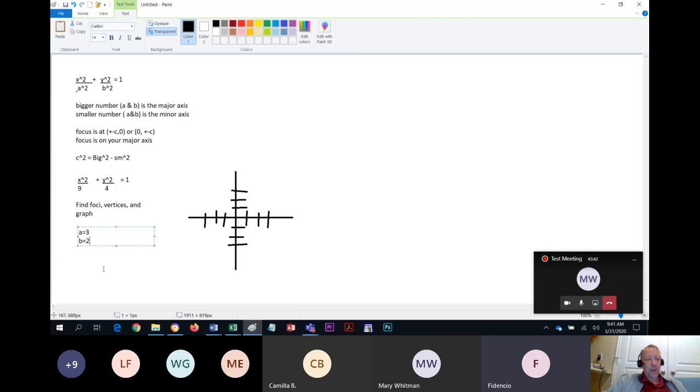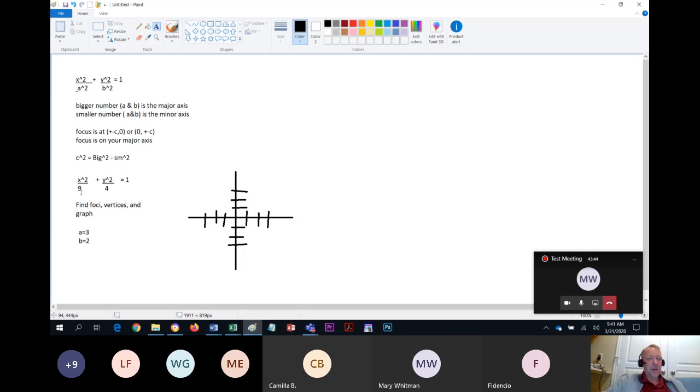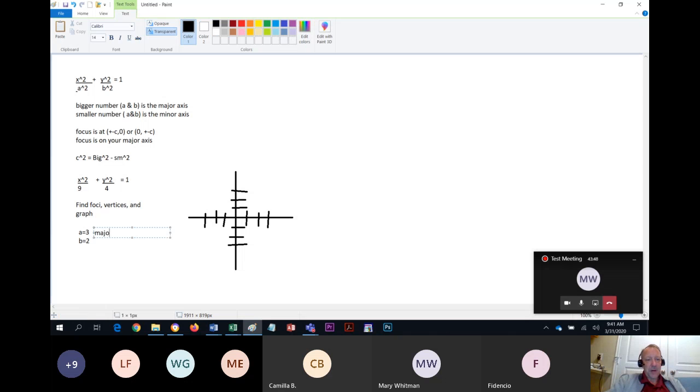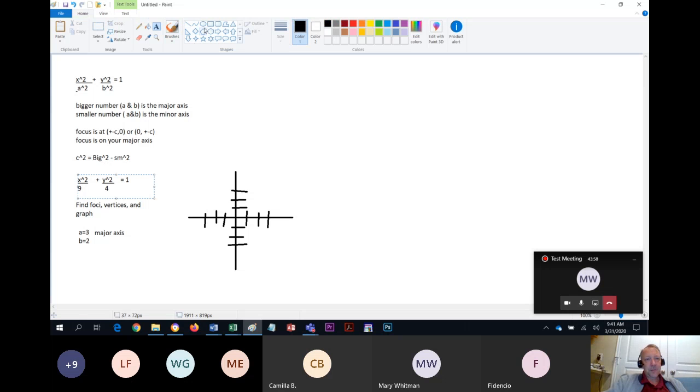In this case, my A is my bigger axis, so this is going to be my major axis. My major axis is on the x variable here. So I'm going to go out 3 and 3, and up 2 and 2.